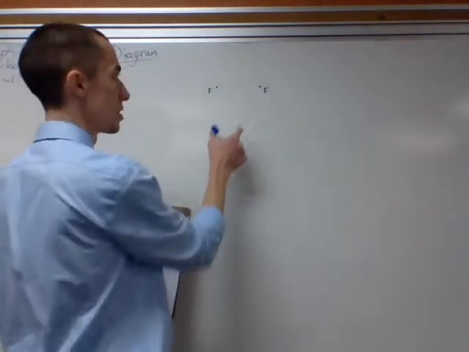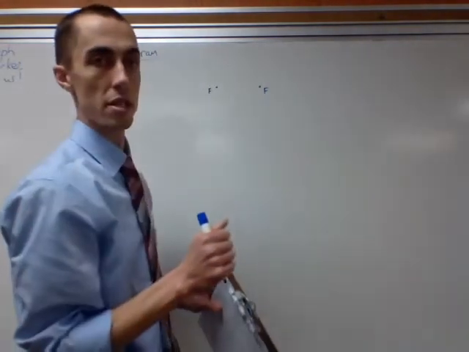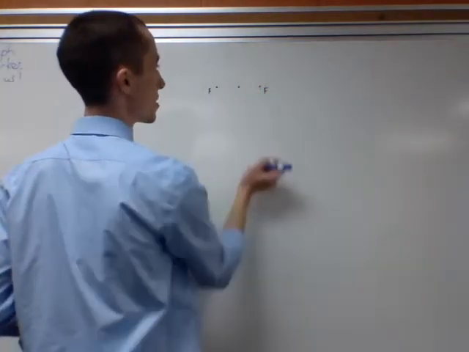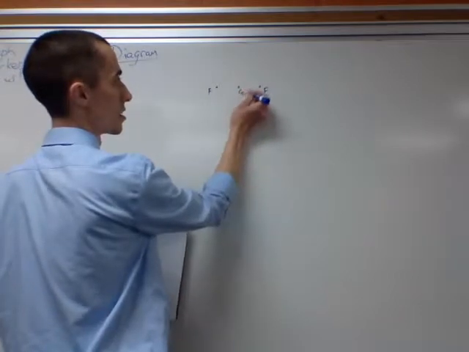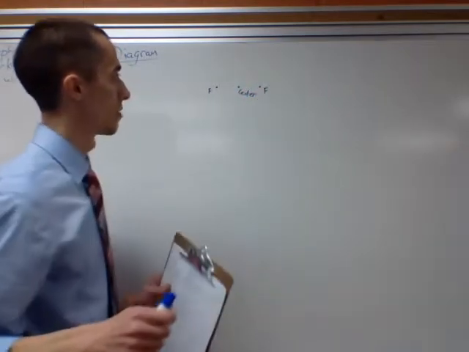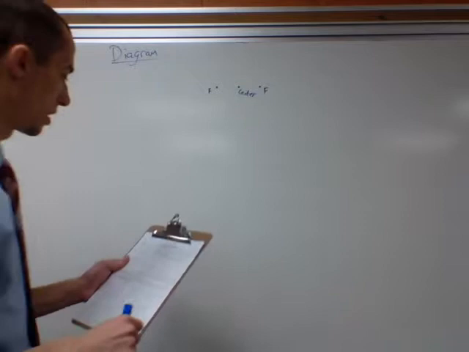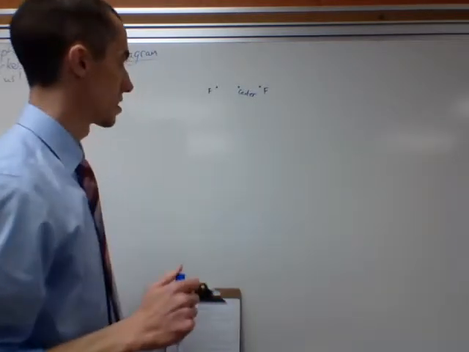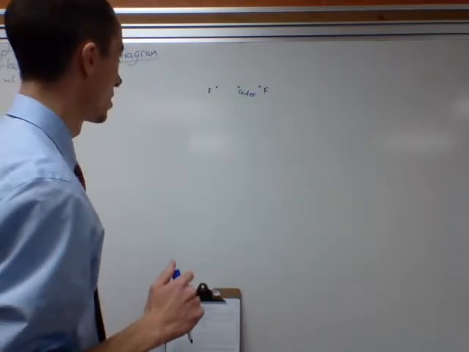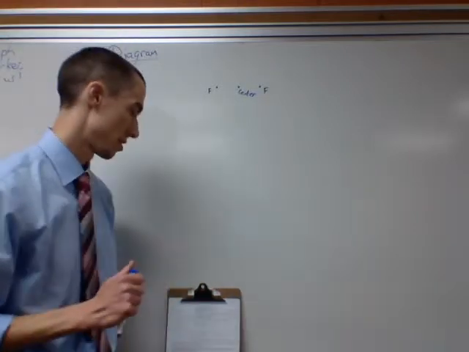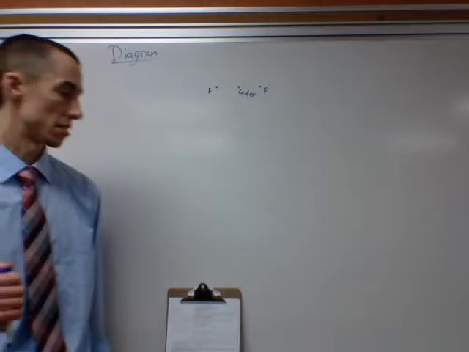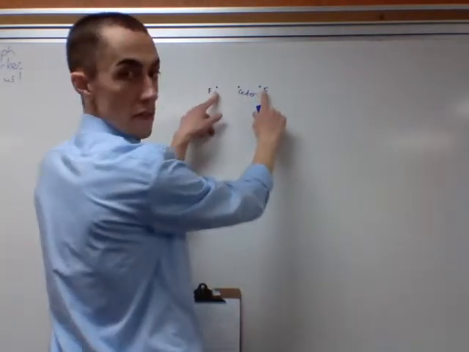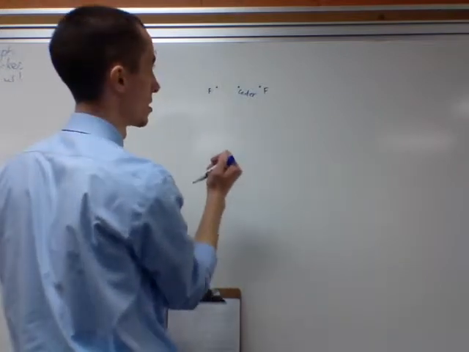Now, for an ellipse, halfway in between the two foci, we find the center of our ellipse. What an ellipse is, is the set of all points the sum of whose distances from the foci is constant.